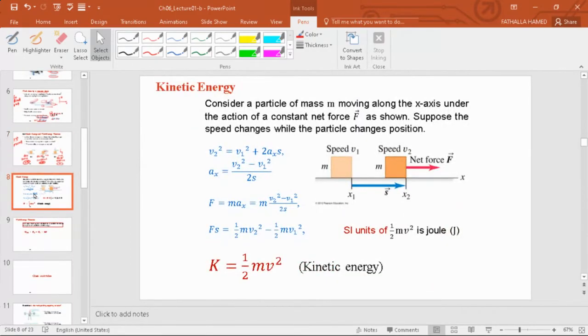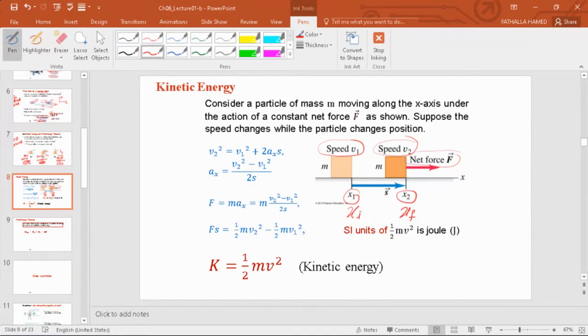So let's take the situation when a block is moved from x1 to x2. In some textbooks, they may tell you that this is x initial and this is x final, but here we use x1 and x2. Your speed at x1 is v1, and when you get to x2, you have a speed equal to v2, and you've done this because you have a net force moving you along the x-axis.